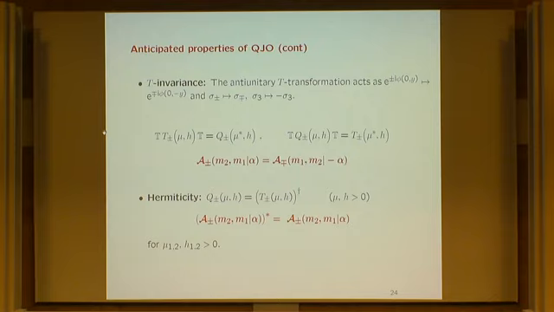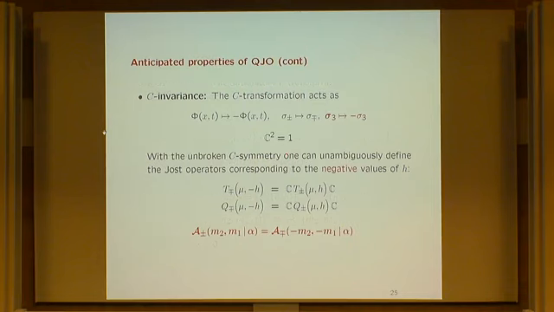Also the hermiticity, of course, imposes a relation for the amplitude. An important property is the C invariance. In principle, the Hamiltonian is invariant if you replace phi with minus phi and also flip the sign of the spin sigma. That is the symmetry, and this symmetry is not spontaneously broken. It means that actually the point h equals 0 is not singular, so you can smoothly continue the operator.